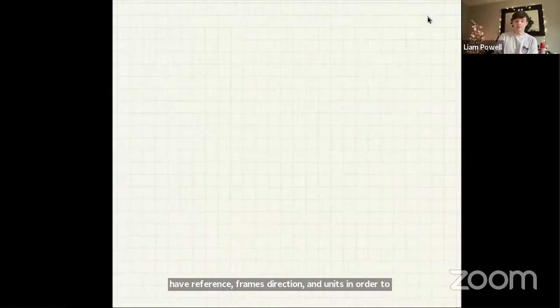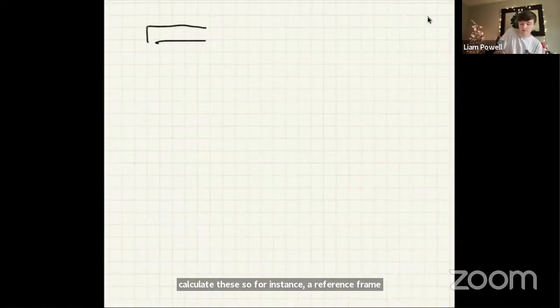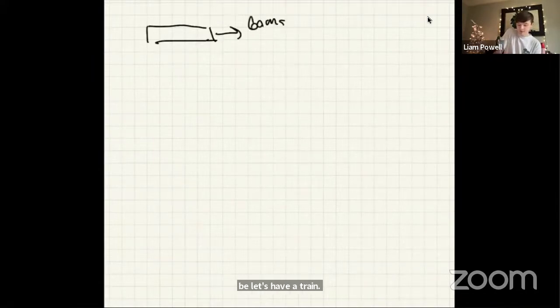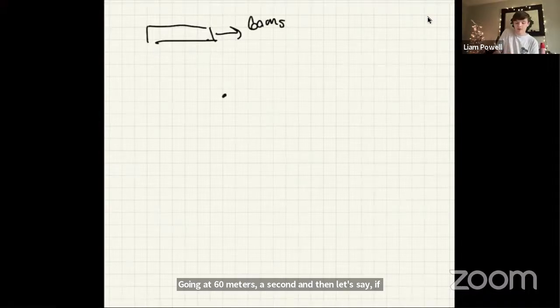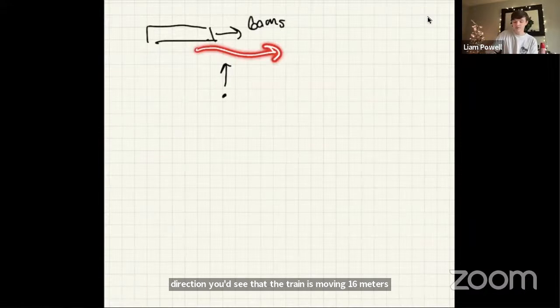And then you need to have reference frames, direction, and units in order to calculate these. So for instance, a reference frame could be, let's have a train going at 60 meters a second. If you're standing looking at the train from this direction, you'd see that the train is moving 60 meters a second in this direction.